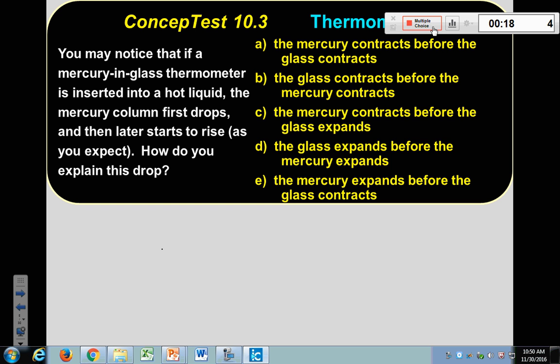How do you explain that drop? All right, we'll stop at 55.